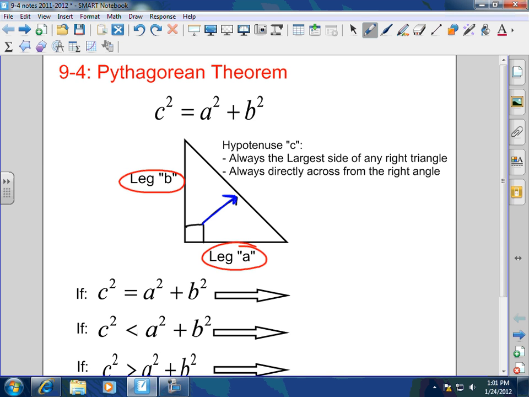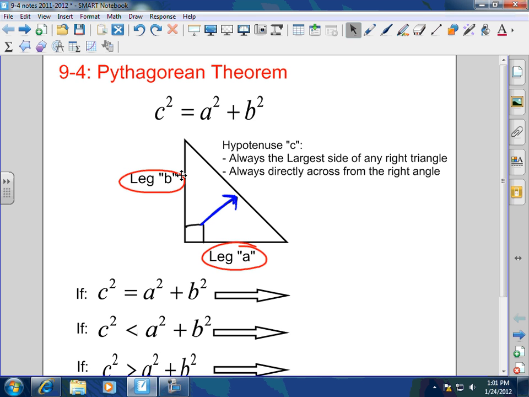And it is always directly across from the right angle. So it's always the largest side, and it's always across the right angle. Very simple, okay? Now, the formula C squared equals A squared plus B squared is very useful.